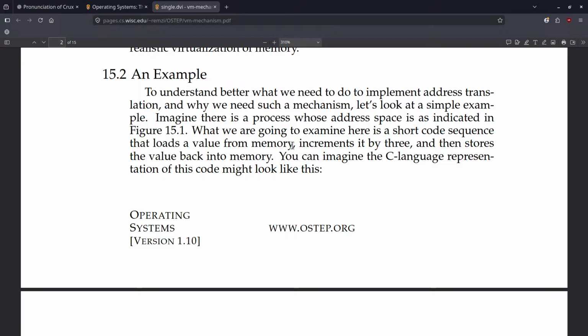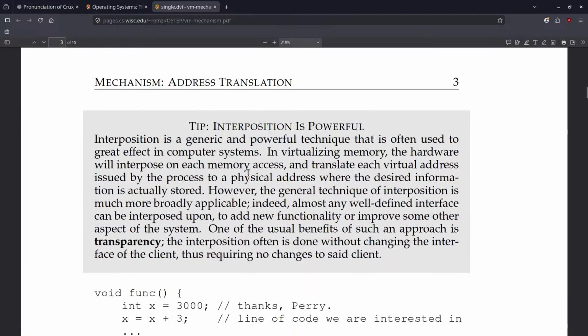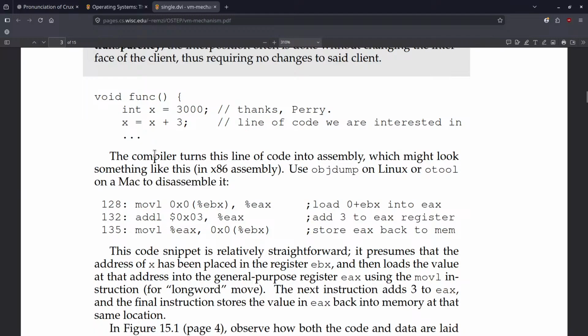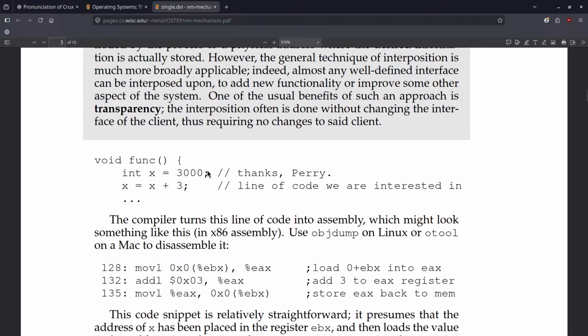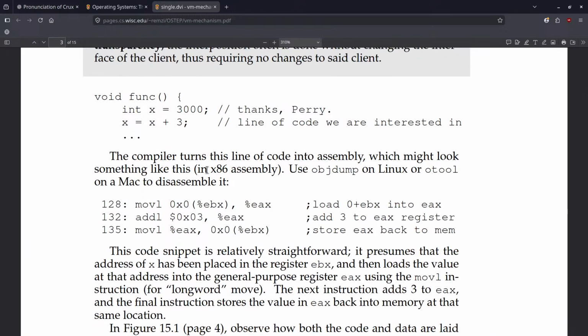You can imagine the C language representation of this code might look like this. The compiler turns this line of code into assembly, which might look something like this.